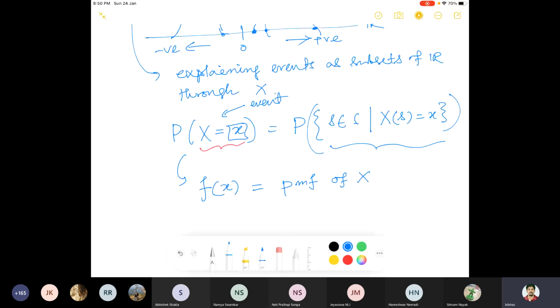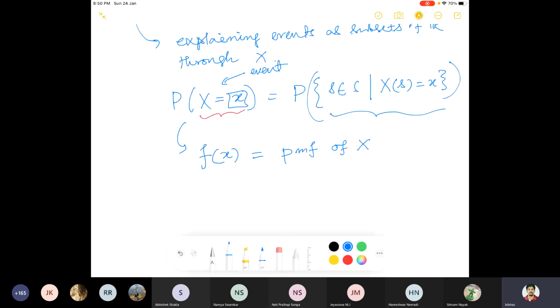Once it is a function, the question is, can any function be a PMF corresponding to some random variable? We said no, and we discussed two properties that it has to satisfy. The first property is that it has to be a non-negative function, so f(x) has to be greater than or equal to 0.